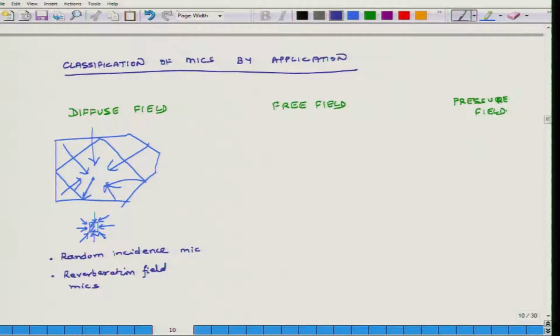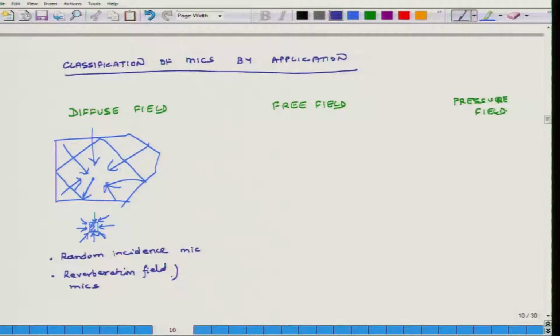Why is it known as reverberation field microphones? Because when sound comes, it hits a reflecting surface, comes back, so it has a lot of reverberations. So, the sound in the room or closed space has a lot of reverberations. So, a microphone which is sensitive to sound coming from all directions will measure also reverberations accurately.